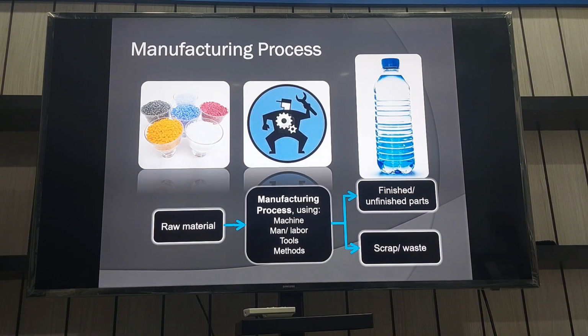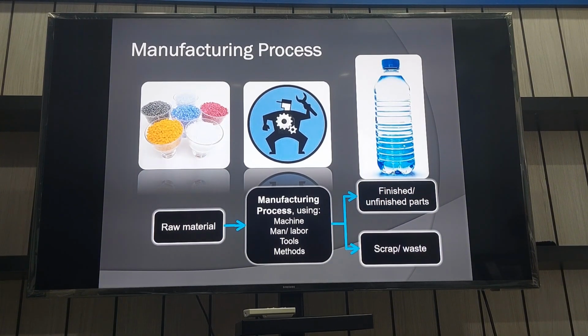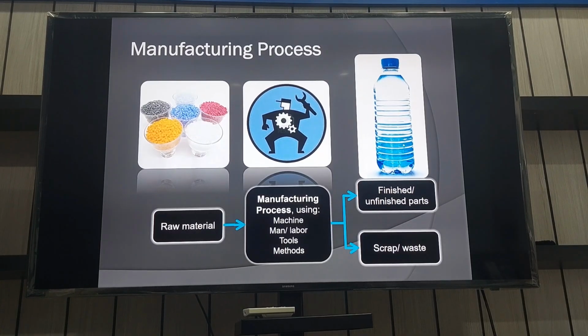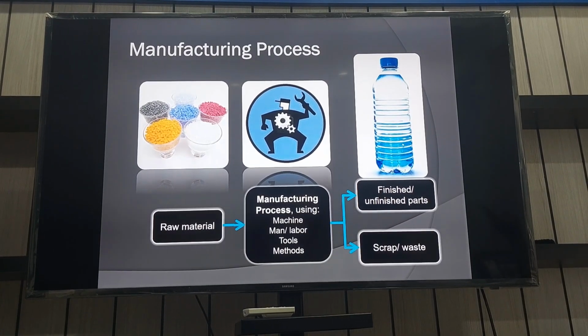So the manufacturing process has two kinds of products, intended products and unintended products. Unintended products we usually call byproduct, scrap, or waste. Okay.